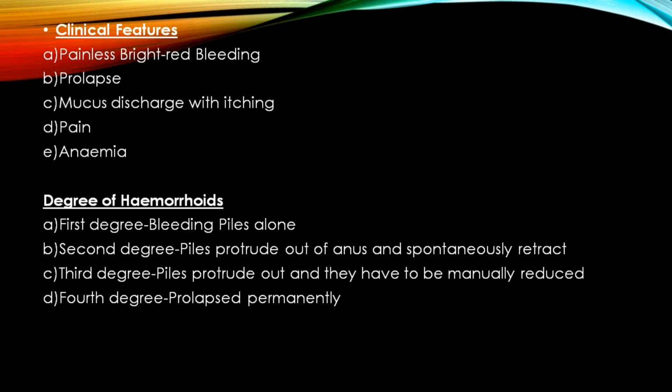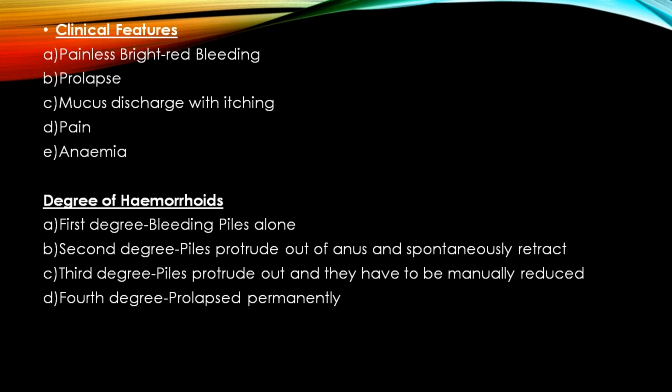Sometimes we see patients with a hemoglobin of 4 or 5 who come with hemorrhoids because they just neglect themselves. So that is a rare symptom, anemia. That is, hemorrhoids causing a lot of bleeding, which results in anemia. So these are the clinical features.